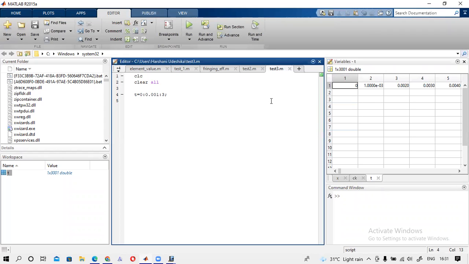Let's see. Now I have these three signals. I write the signal like this.